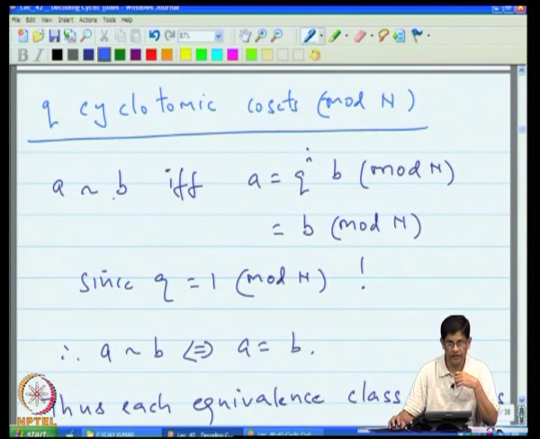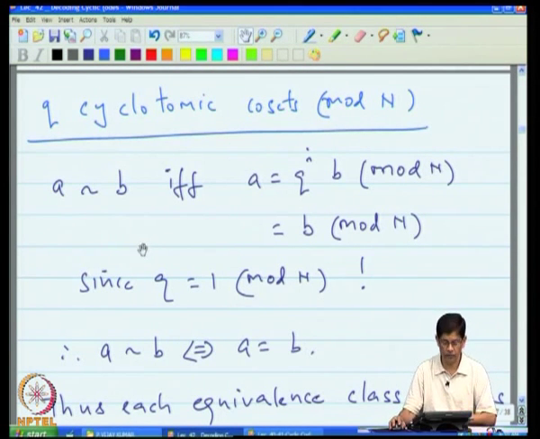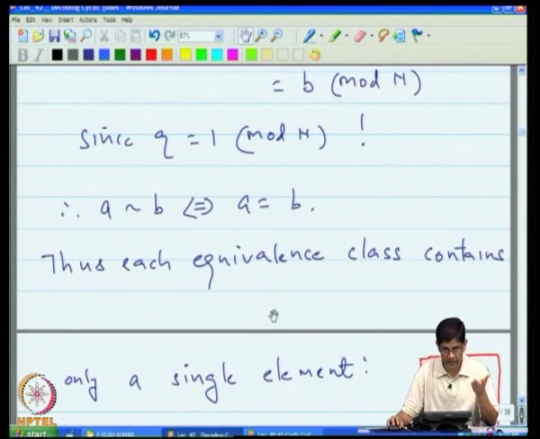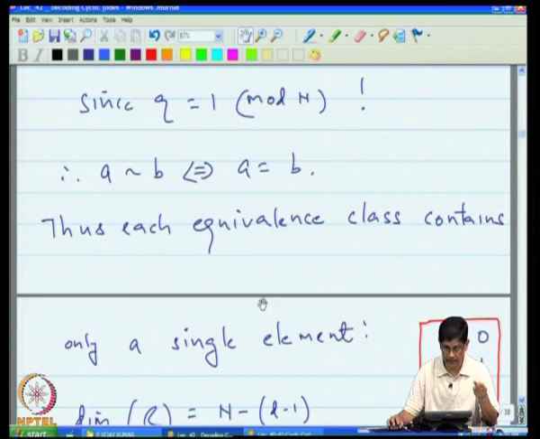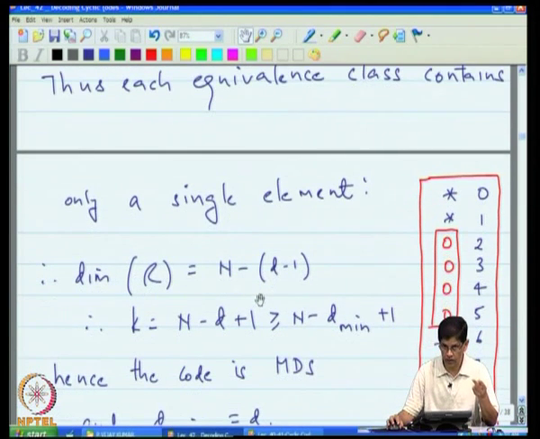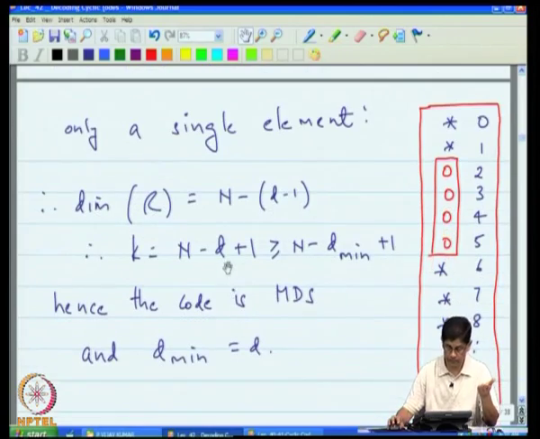Now according to our definition, these cyclotomic cosets were the result of an equivalence relationship in which we defined A to be equivalent to B if and only if A was B times some power of q modulo n. But remember, since q is 1 mod n, any power of q is also 1 mod n. So that means that A is equivalent to B if and only if A is equal to B. In other words, each equivalence class is a singleton set. It contains just a single element. There are no conjugates of an element other than itself.